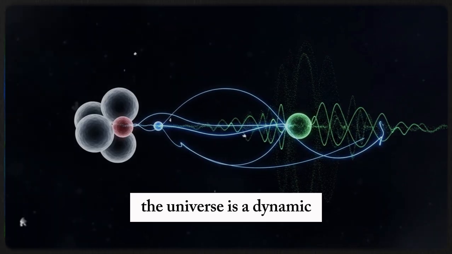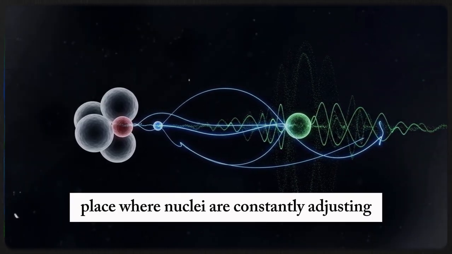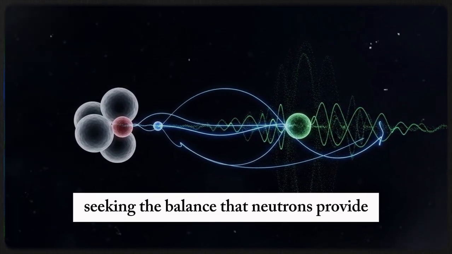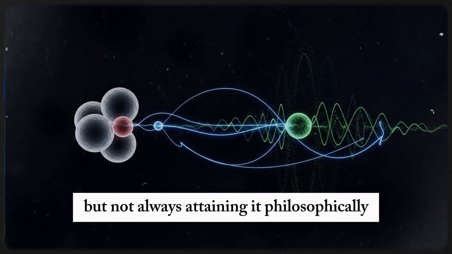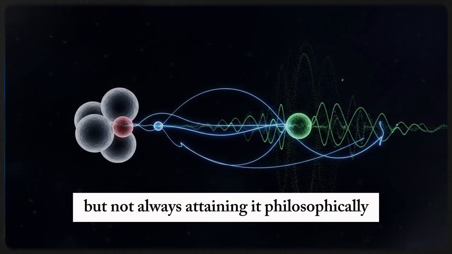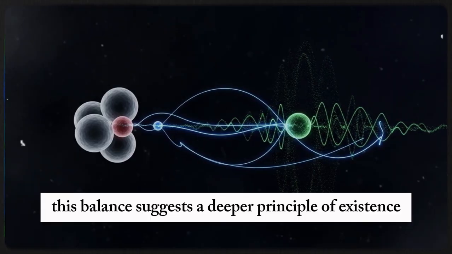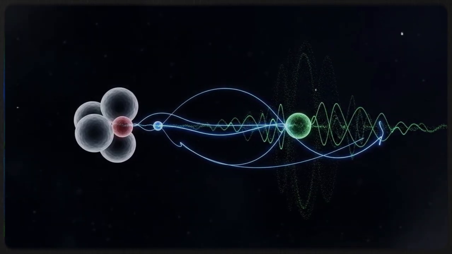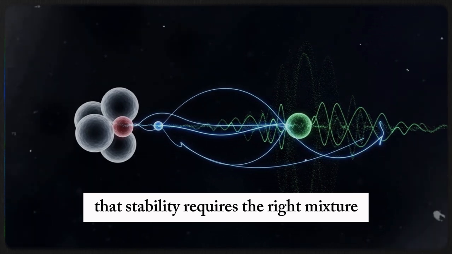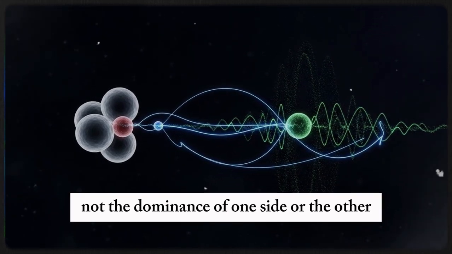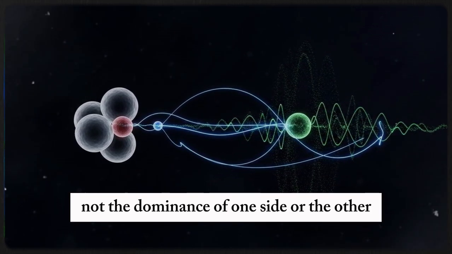The universe is a dynamic place where nuclei are constantly adjusting, seeking the balance that neutrons provide, but not always attaining it. Philosophically, this balance suggests a deeper principle of existence, that stability requires the right mixture, the right proportion, not the dominance of one side or the other.